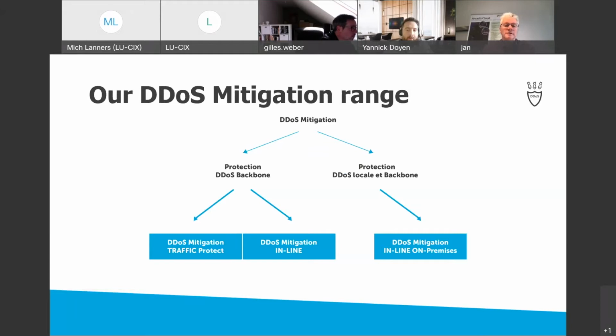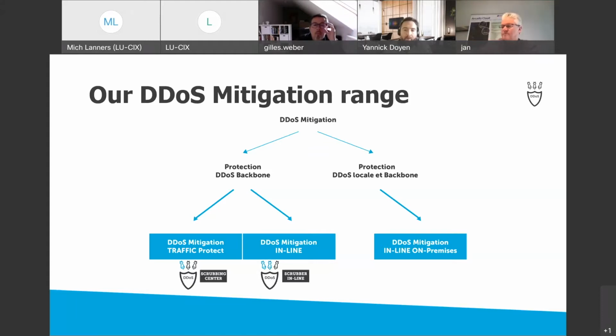At Post, we offer different levels of protection, eligible only for corporate internet connectivity. The first level is called DDoS Mitigation Traffic Protect, also known as MTP. The second one is called Mitigation Inline.